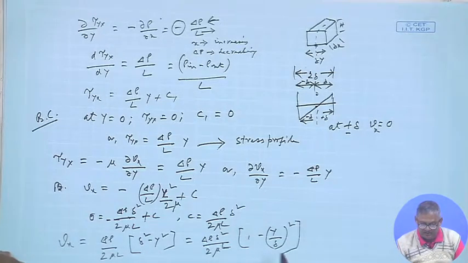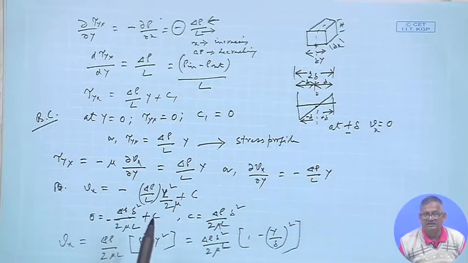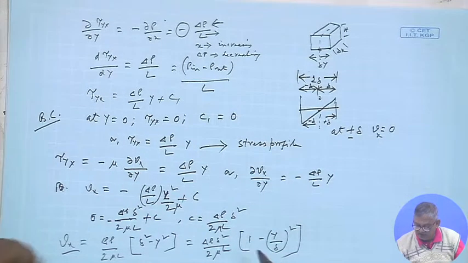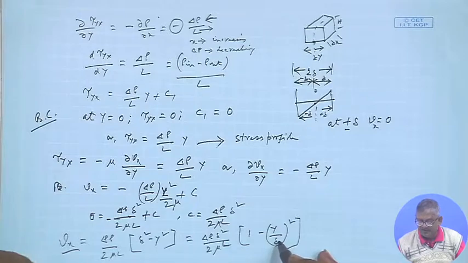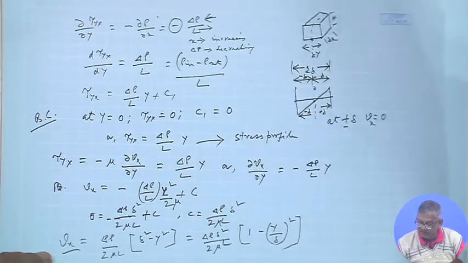So, this is the V x, at any instant the velocity is delta p del square by 2 mu L into 1 minus y by del whole square.